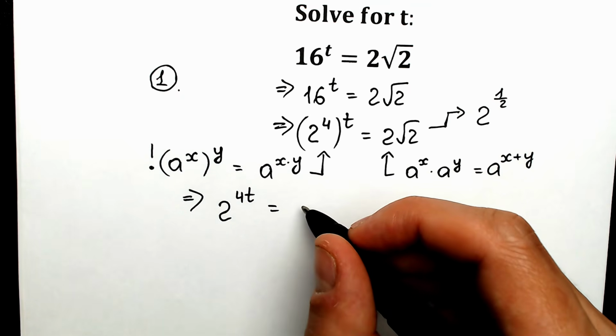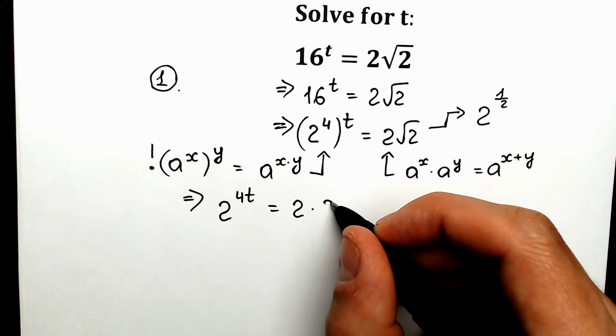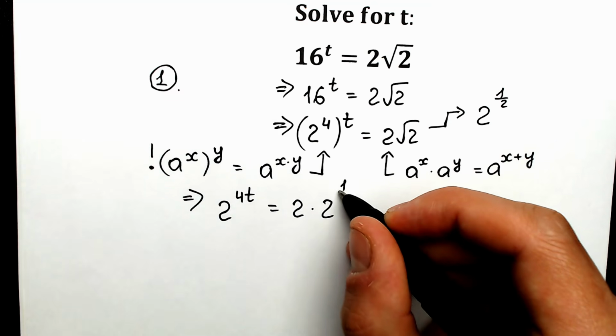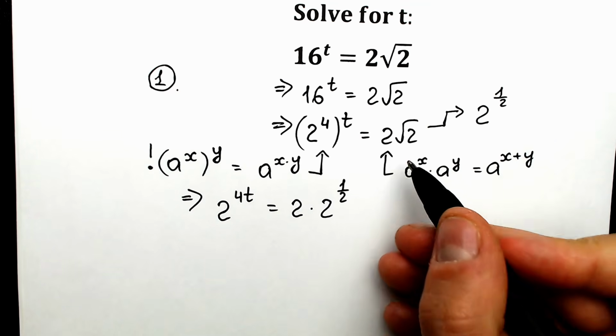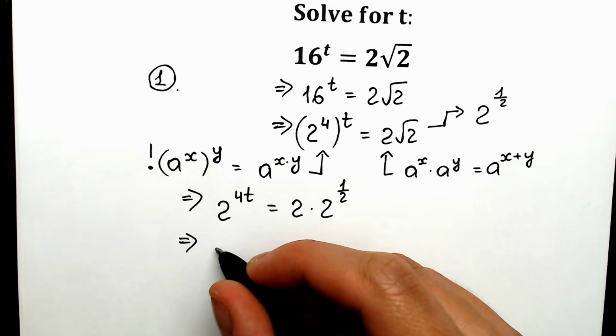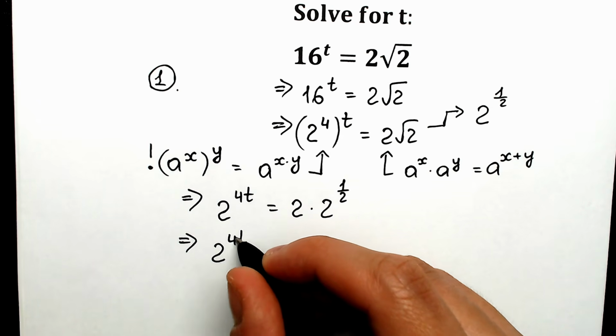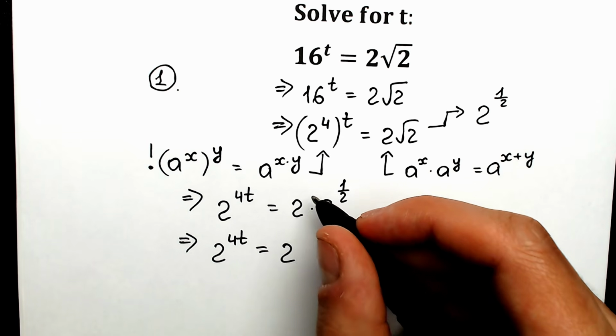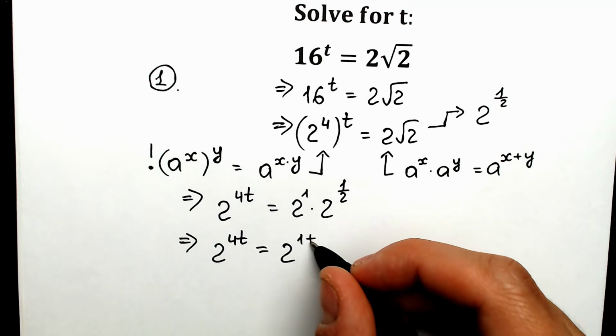We can write it as 2 times 2 to the power 1/2. And right now let's apply this property, so we need to add our powers. So we have 2 to the power 4t equal to 2 to the power 1 plus 1/2.